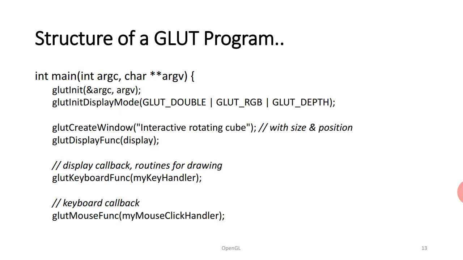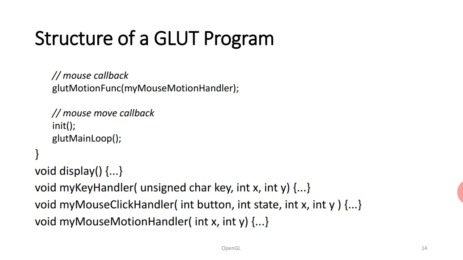Then next is the glutKeyboardFunc function, the callback routine for keyboard input. Next, the glutMouseFunc function is called for mouse callback. Then the glutMotionFunc function is called for mouse move callback. Then at the end, the init function followed by glutMainLoop is called.